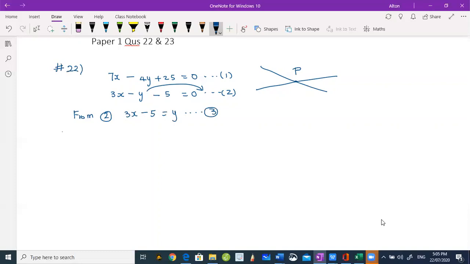So let's replace y in equation 1 by this expression.